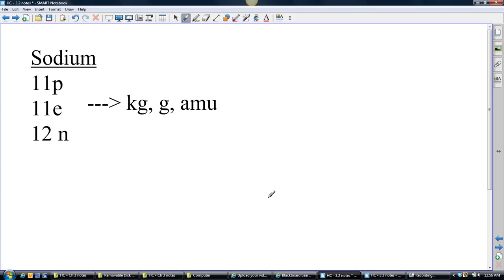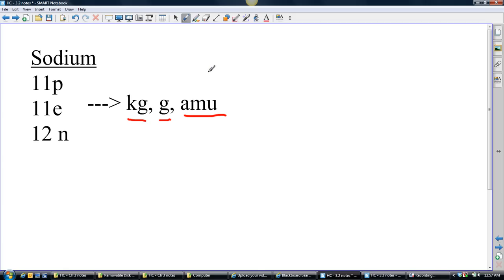In this example, you have a sodium atom. In this sodium atom, there are 11 protons, 11 electrons, and 12 neutrons. What I want you to solve for is: what is the mass of a sodium atom in kilograms? What is the mass of a sodium atom in grams? And what is the mass of a sodium atom in AMUs? Now you will have to refer back to the previous screen.